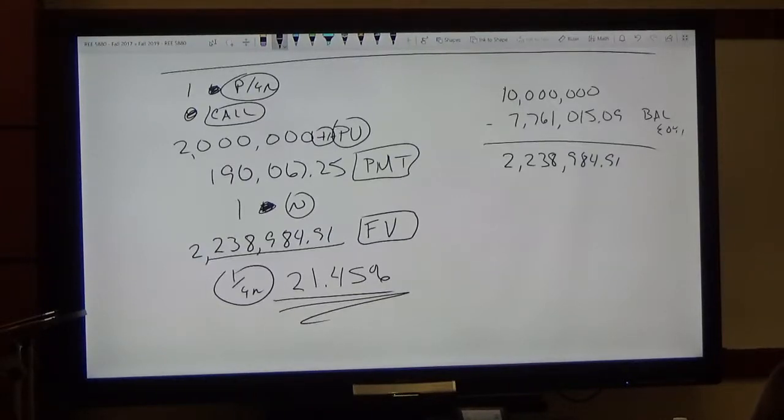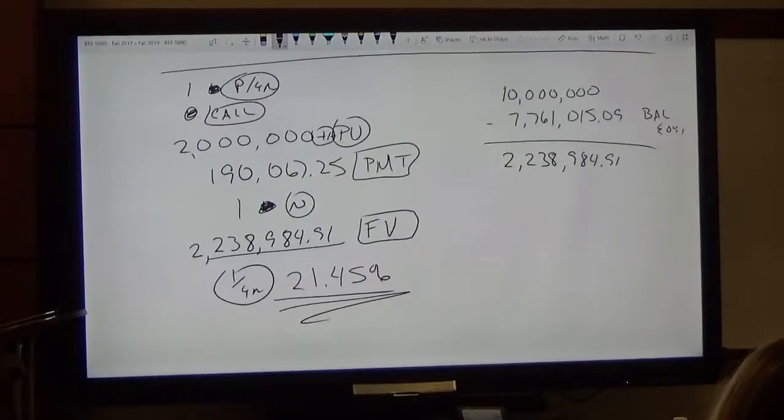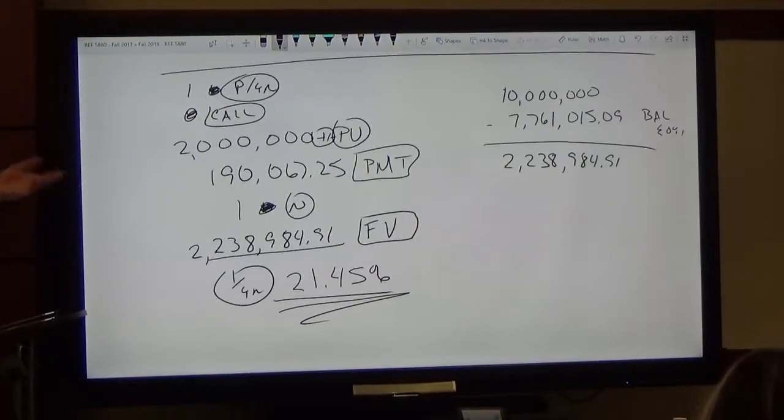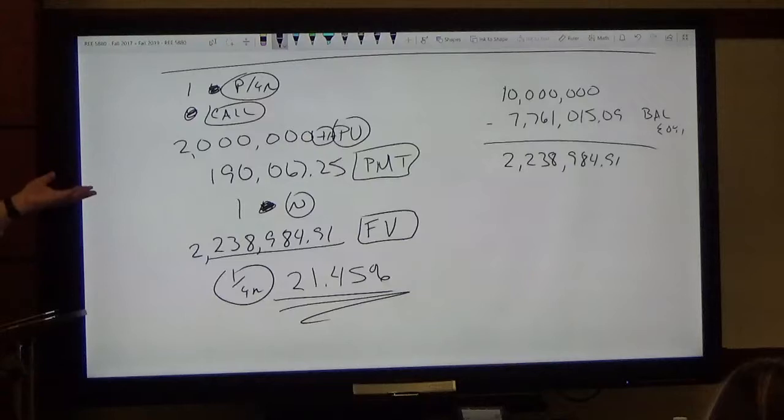You gotta admit, that's even better. Okay? Because now we're actually taking into consideration the fact that we've already paid down $238,000 worth of the loan over the course of that first year. So therefore, that inflates our return that much more because we're getting that money back at the time of the sale. Okay? Everybody cool?